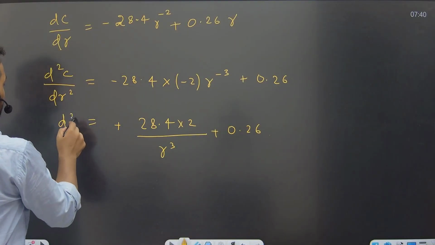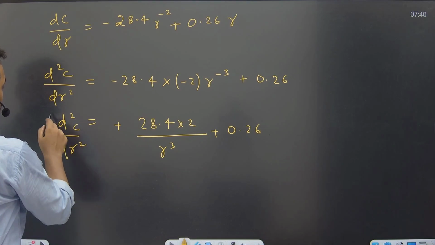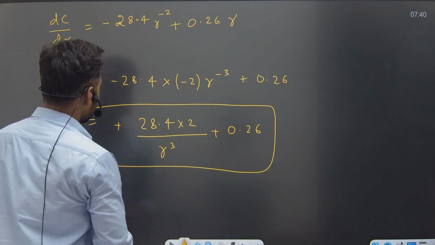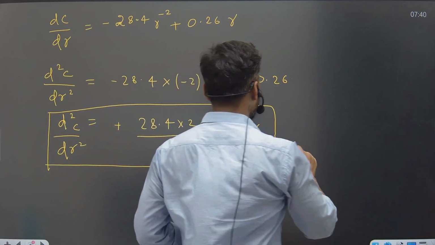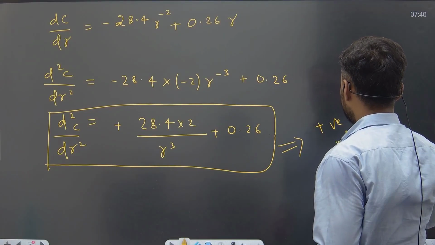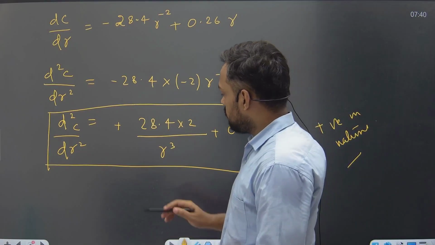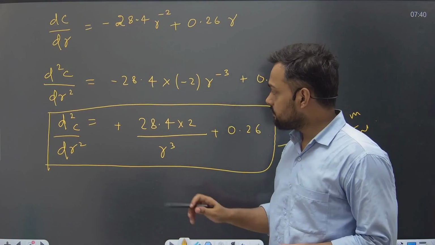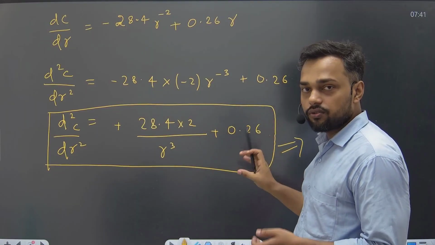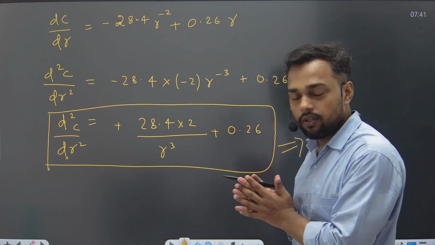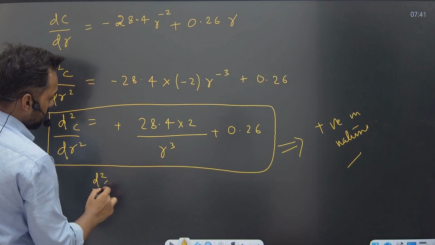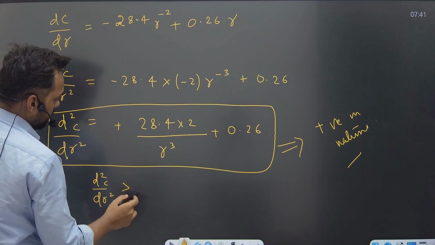As I have told you, students, the value we get must be positive. We can see it will always be positive in nature. Why? Radius will always be positive, so this term is always positive, and adding 0.26, positive plus positive is positive. So d2C by dr2 is greater than 0.